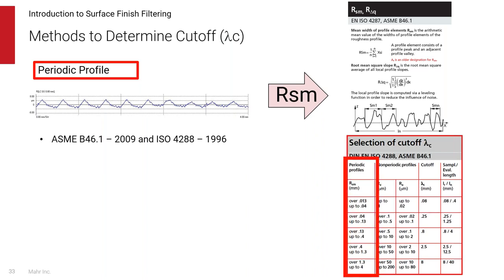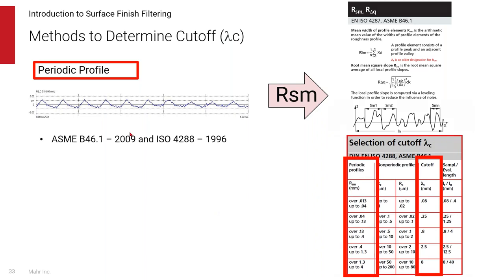You can see that there's a repeating process here, and what we're trying to look at is the length of that process. And if we look at this selection guide, that's part of the table or part of the chart that are available, you can look at what the RSM value is based on the measurement, and then select the right cutoff based on that parameter.